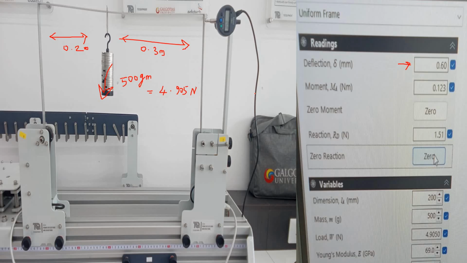It shows some approximate readings and values. However, if we repeat the experiment two to three times, we may be able to calculate the exact values.